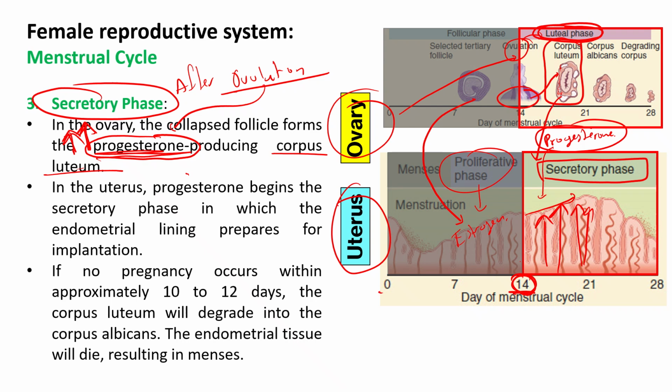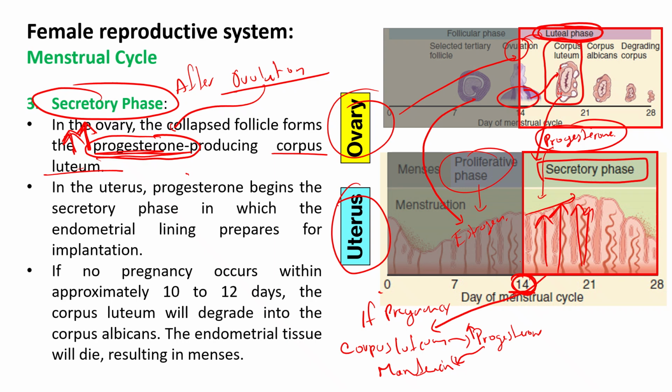Then two things can occur. There are two possibilities in this specific phase. If there is pregnancy, then the corpus luteum will keep producing progesterone, which is the main hormone that will maintain pregnancy.